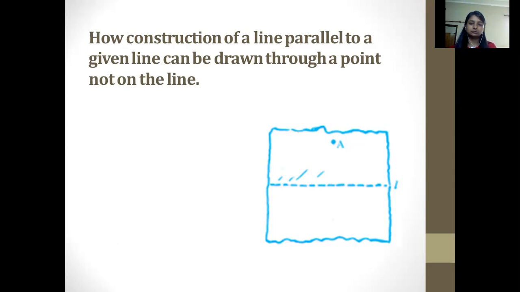Then you have to put a point on it. They are asking that if we are keeping a point, any point, not on a line but outside the line, then is it possible to draw or construct a triangle? What do you think?